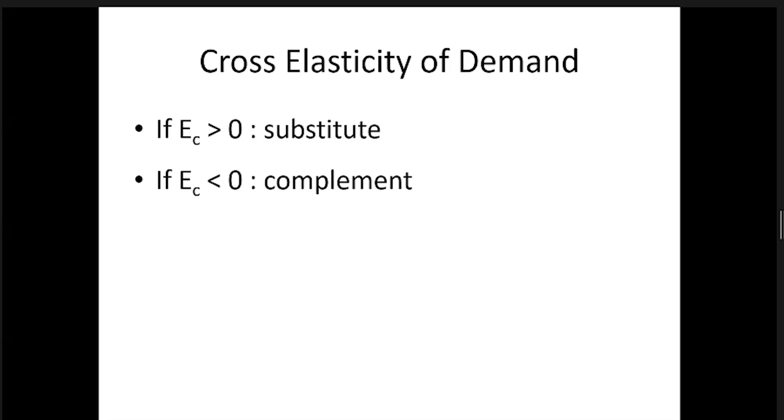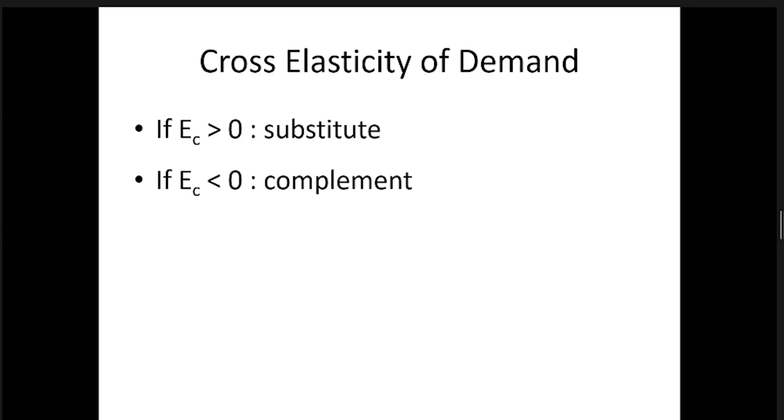If the cross elasticity of demand is a positive value, which says that we are getting cross elasticity more than 0, right? Then we say it's a substitute, which says the two variables are going in the same direction.